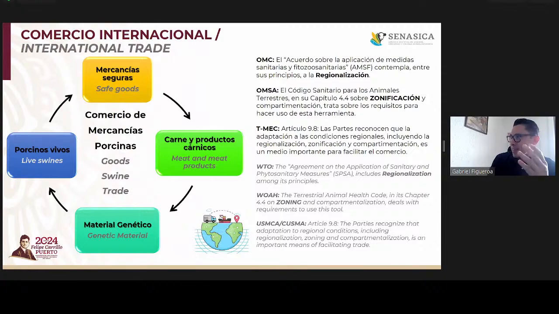It is recognized that indeed we will be applying these regionalization strategies and compartmentalization in order to maintain trade. But the key is that this is about maintaining trade, and this is about money. It's not just about maintaining a health situation for animals in the interest of the country, but also to be able to maintain trade. If we don't have this into account, the use of these strategies for regionalization and compartmentalization should provide an economic benefit.